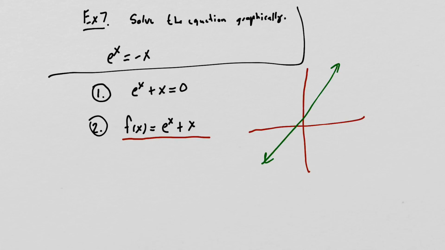And if we graph it using Mathematica or a calculator, this point here is approximately negative 0.567. Therefore, the solution to this equation is x is equal to negative 0.567.